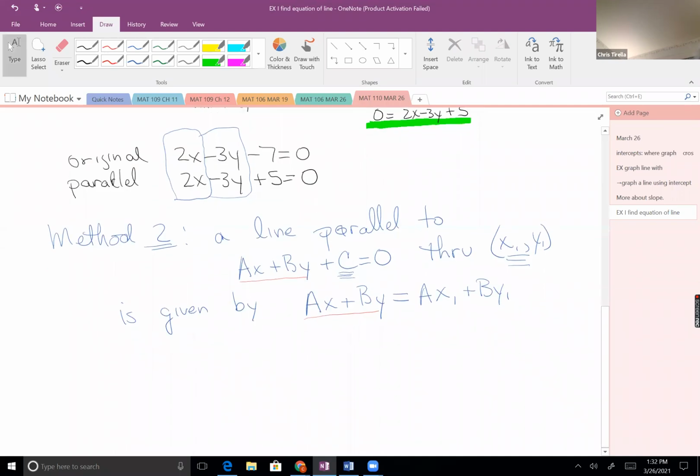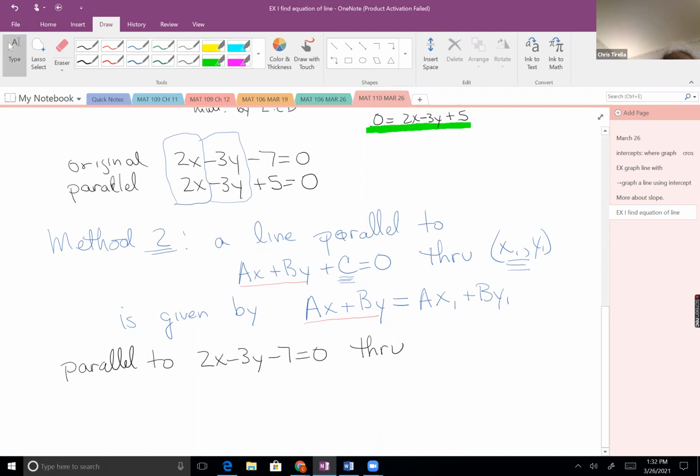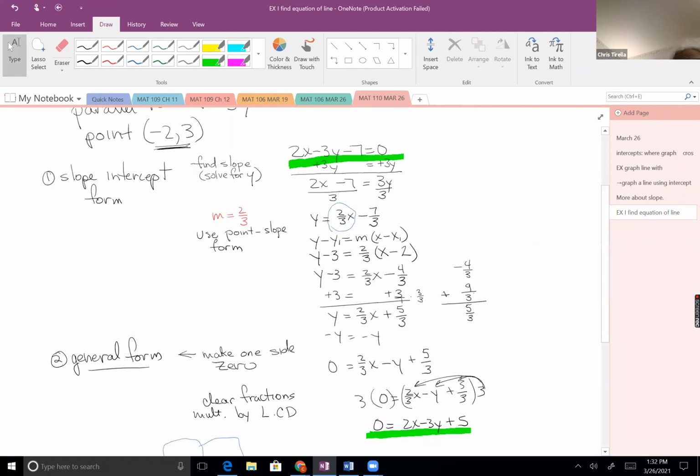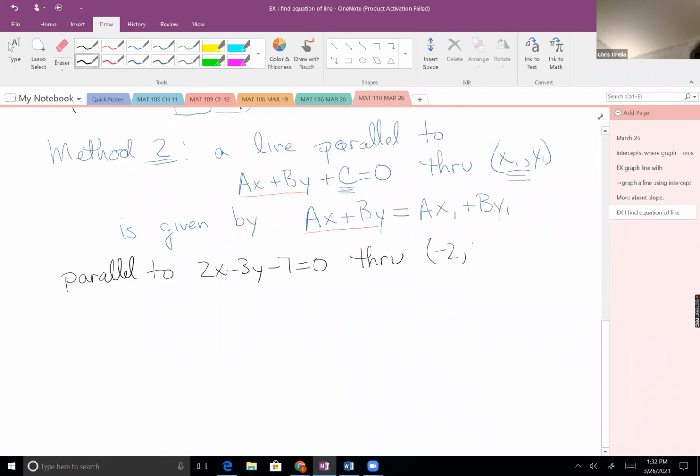So if we look at that same problem, we wanted a line parallel to 2x minus 3y minus 7 equals 0 through, what was our point? Our point was -2, 3. Well, a is 2, b is -3.